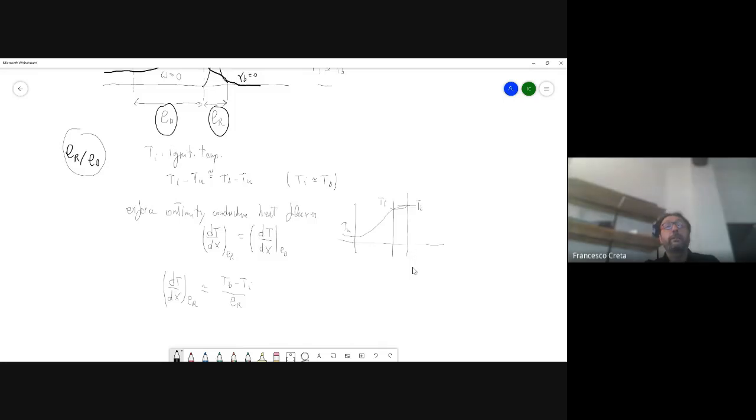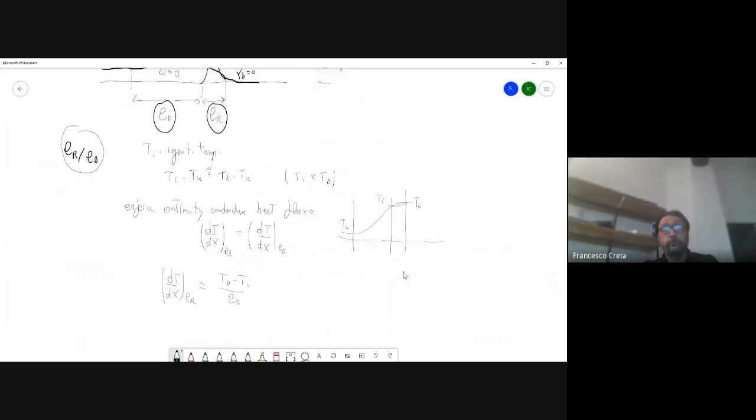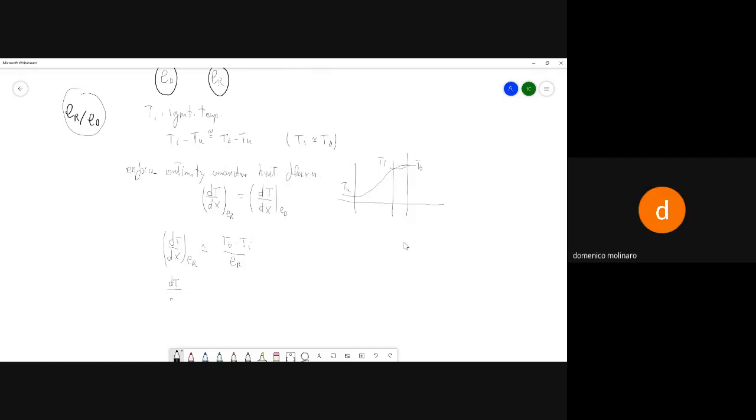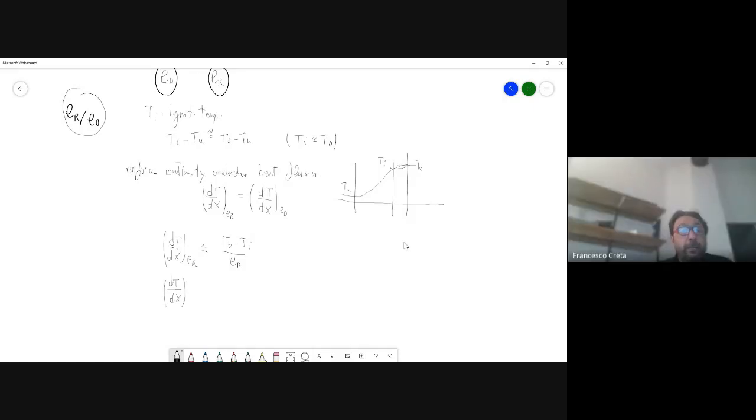On the other hand, the gradient estimated in the preheat zone can be written as Ti minus Tu, divided by LD.